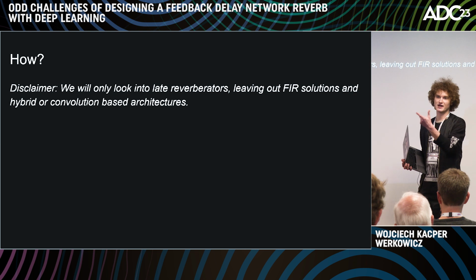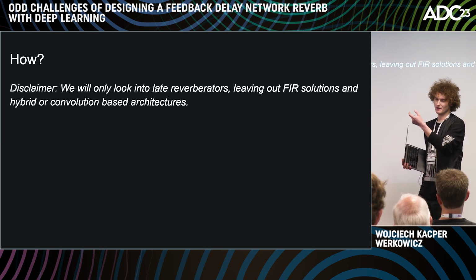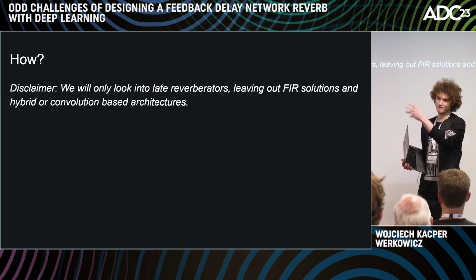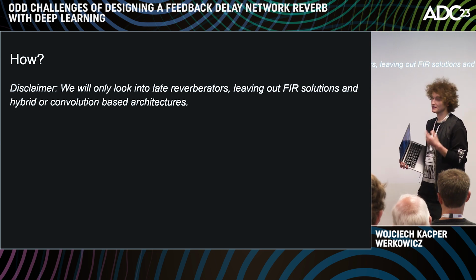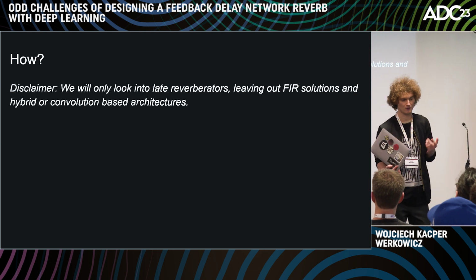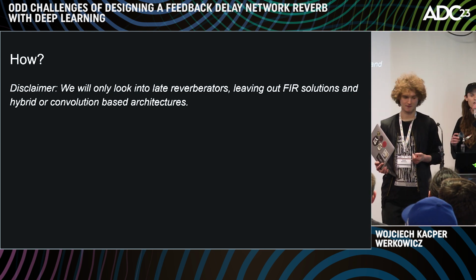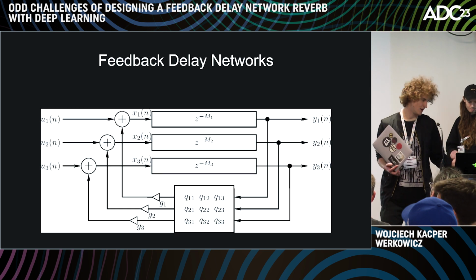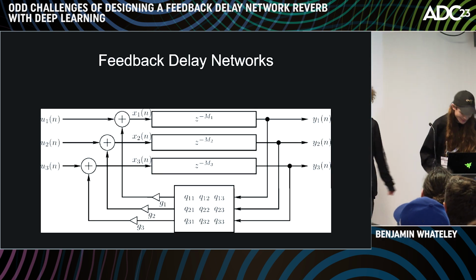You would often truncate a part of the original RIR recording and convolve that with the signal you're putting through the network, and later on you would blend that with an FDN that gives you the late reflections. So in this talk, we'll be only focusing on the late reflections, leaving out all the FIR solutions and convolution-based architectures. Yeah, so take it away, Ben.